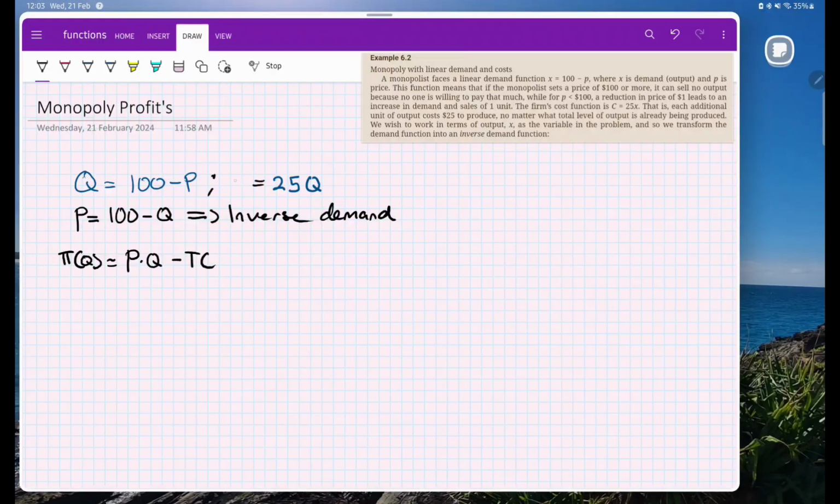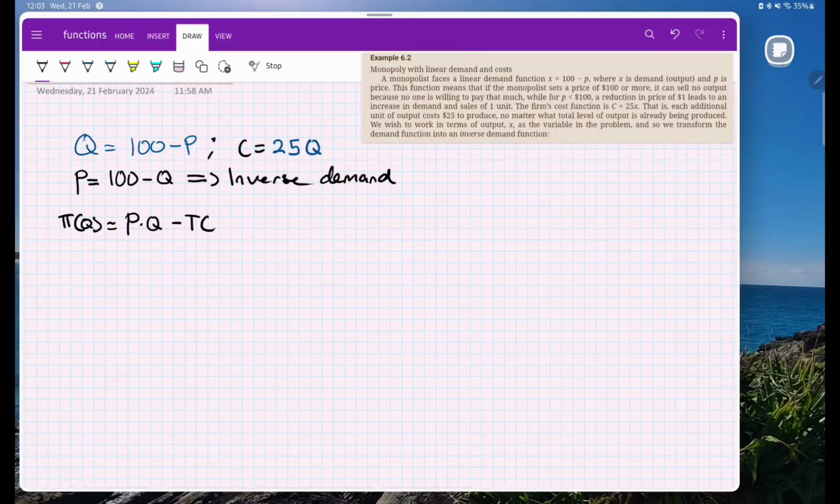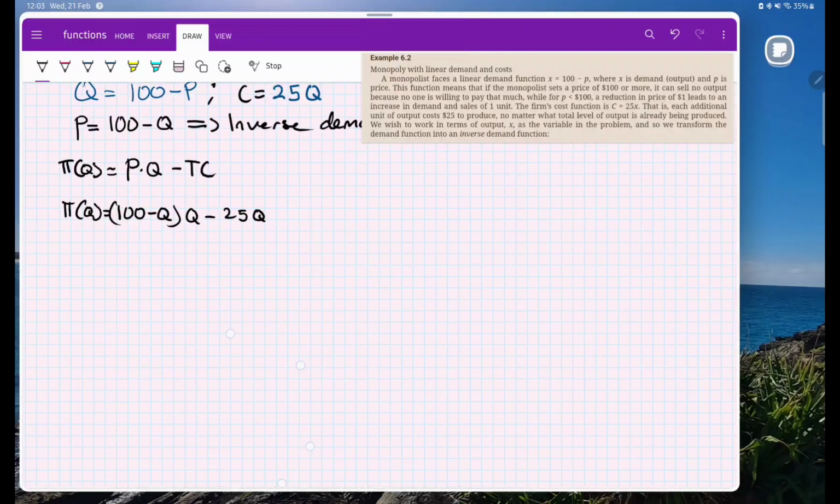That's the marginal cost. And so substituting p into our function here, which we have, and distributing, you're going to be left with 100q minus q squared minus 25q. And that right there is what your profit function is.